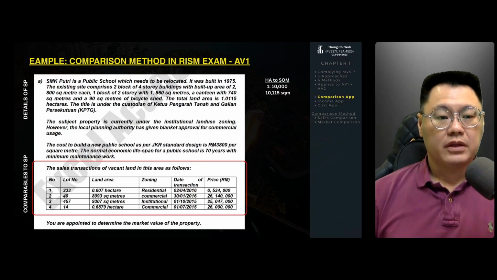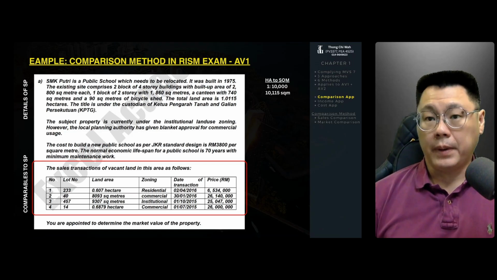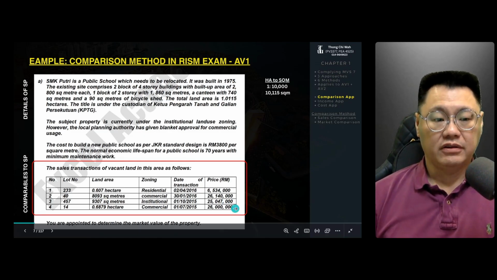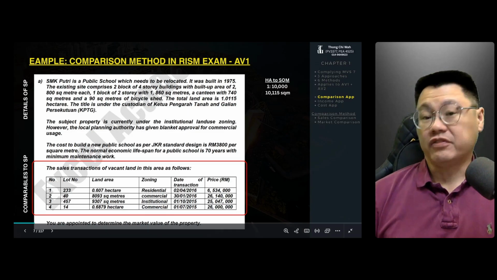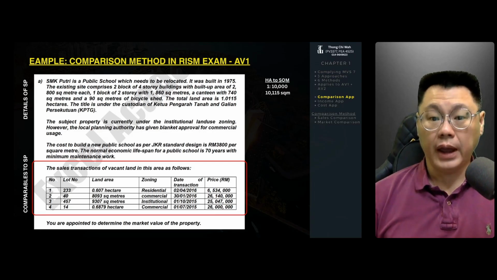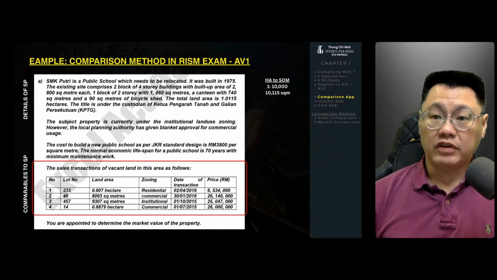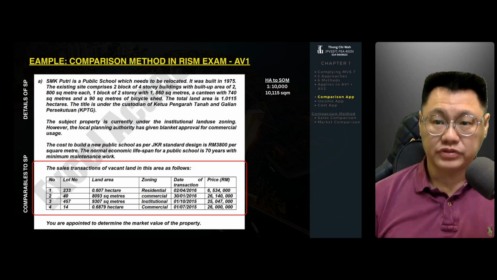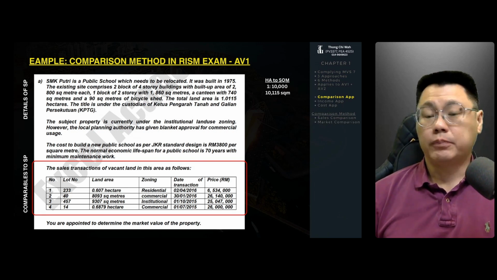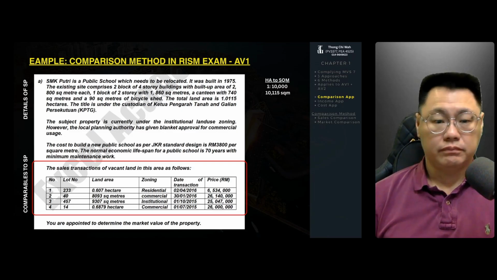In short, Lot 457 or comparable number 3 is not suitable. And then, of course, number 4. Comparable number 4, Lot 14, is suitable because it's commercial. Okay? These are the 4 comparables given for you to choose against your Sekolah Menengah Puteri or public school subject property.